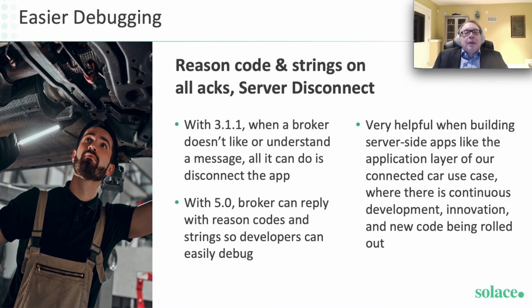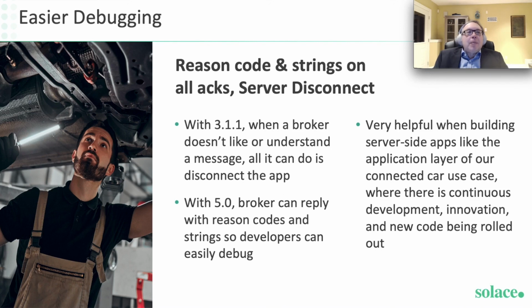Maybe not so important when you're building the device side, where you get your app working once and then you burn it into firmware and never touch that app again. But on the server side, where you're doing a lot of innovation and rolling out new apps and you want to use MQTT 5, it's really helpful that when things aren't working, you can at least give the app programmer some hints as to what's going on.